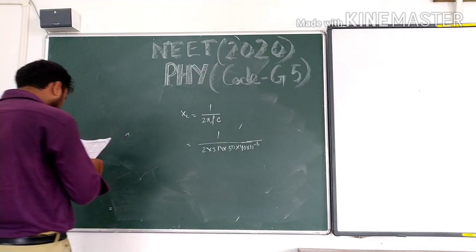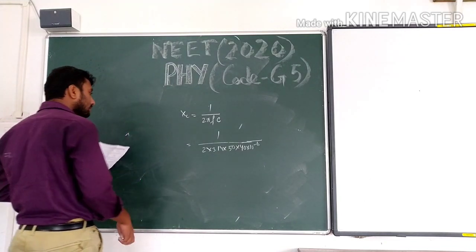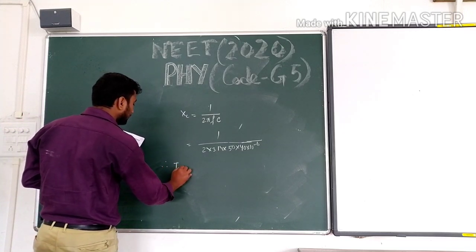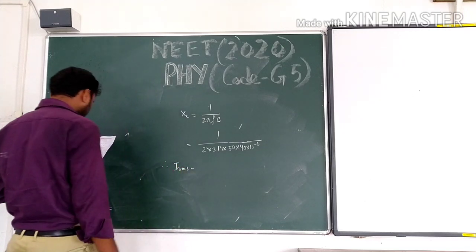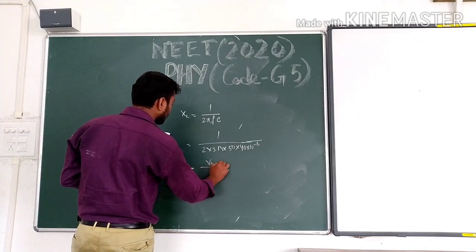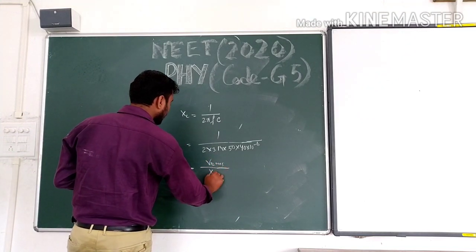After that, find out IRMS. So IRMS will be how much? VRMS by XC, right?